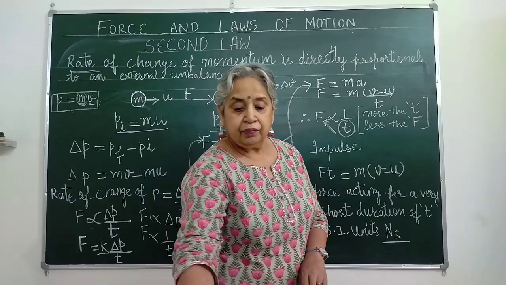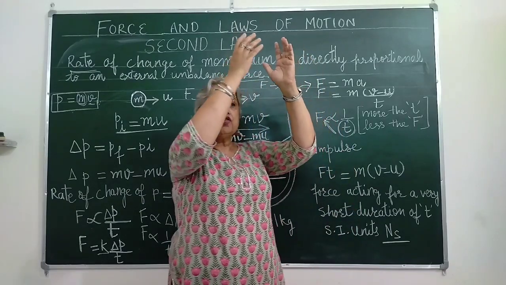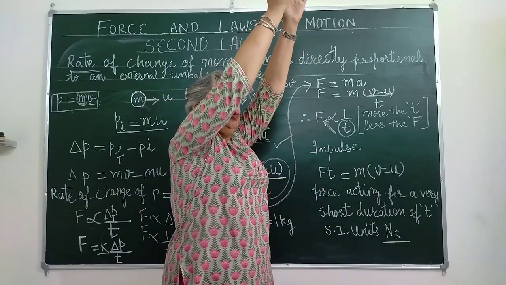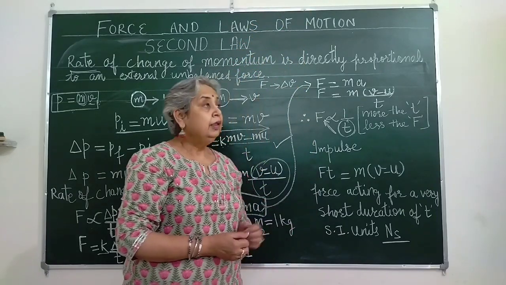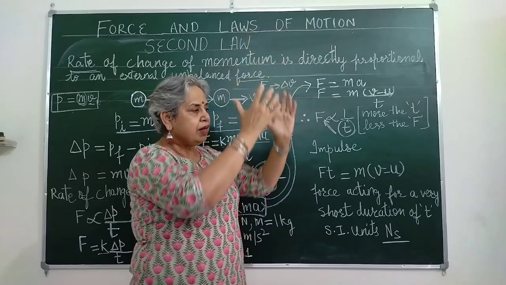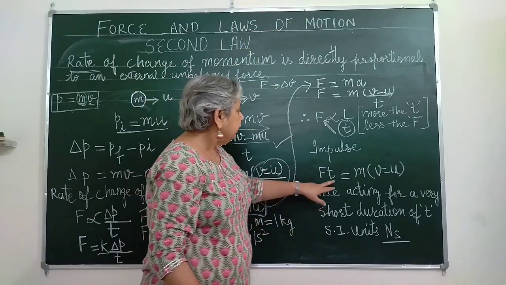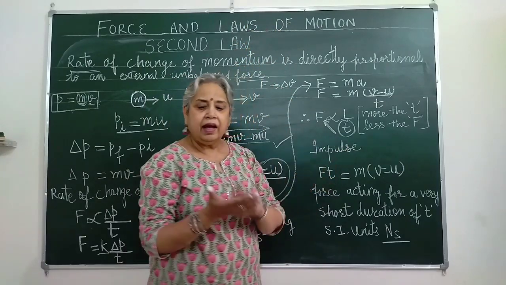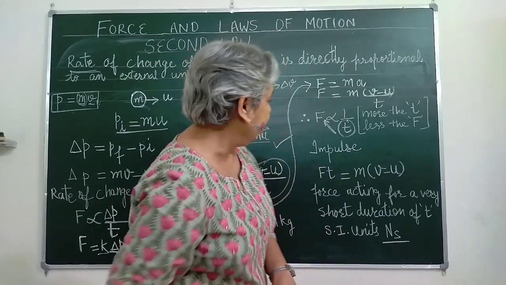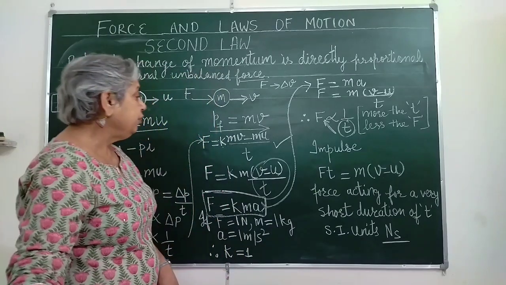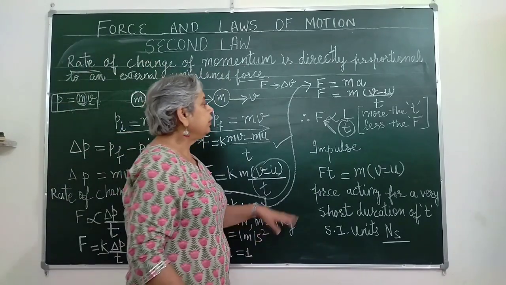That is why a fielder is told not to catch the ball rigidly but to bring his or her hands down. Because when the catch is taken this way, time increases and the impact of the force on the hands decreases. So it is more convenient, right?